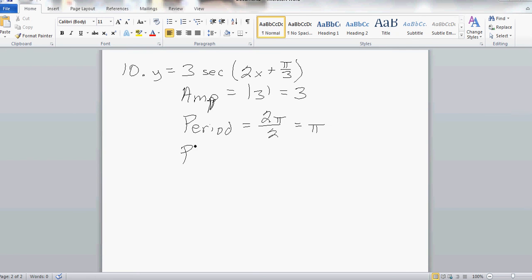The phase shift will equal negative pi over 3, because we need the negative there, all over the 2, which equals negative pi over 6. And so that's not going to be so nice, but we'll deal with that as our last sort of thing that we have to deal with.